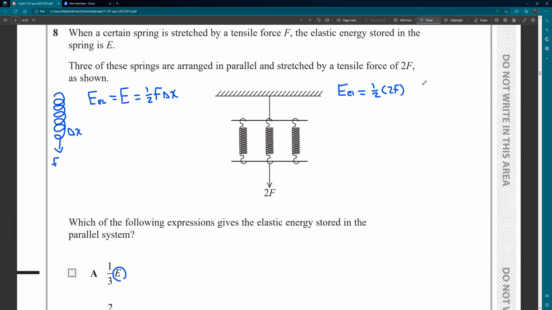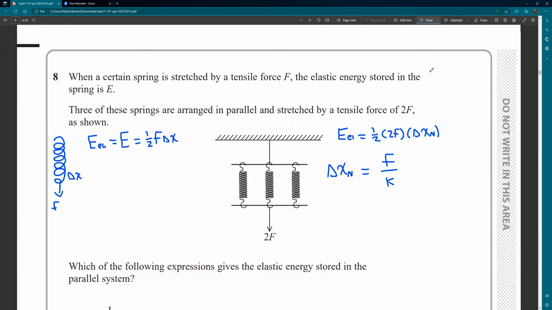We don't know what the new extension is, so we're trying to work it out. The extension of the new spring is equal to the total force exerted on the new spring divided by the spring constant. I got this from Hooke's law, F equals Kx.